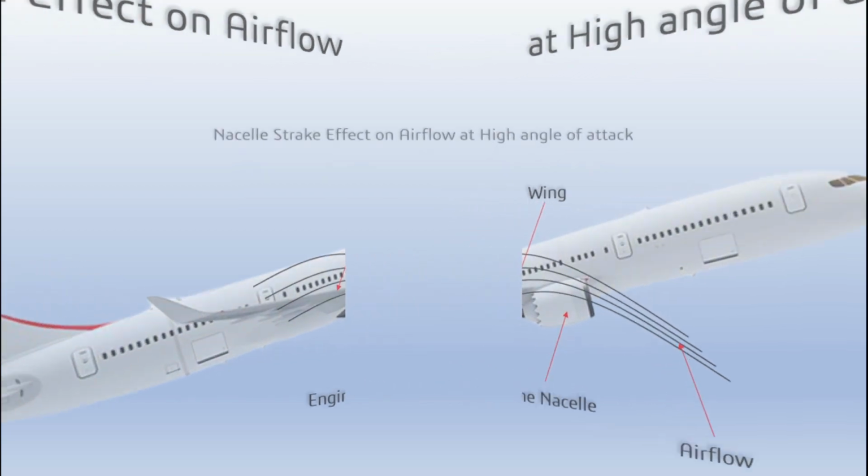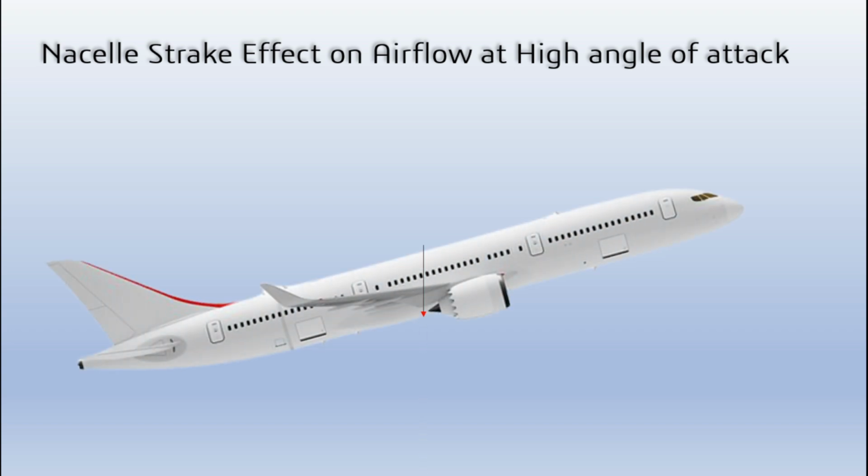To overcome the undesirable interaction effect of the nacelle wing assembly, manufacturers usually install a strake or vortex generator on the nacelle of an engine. This strake or vortex generator produces a downward flow or vortex which flows over the wing leading edge.